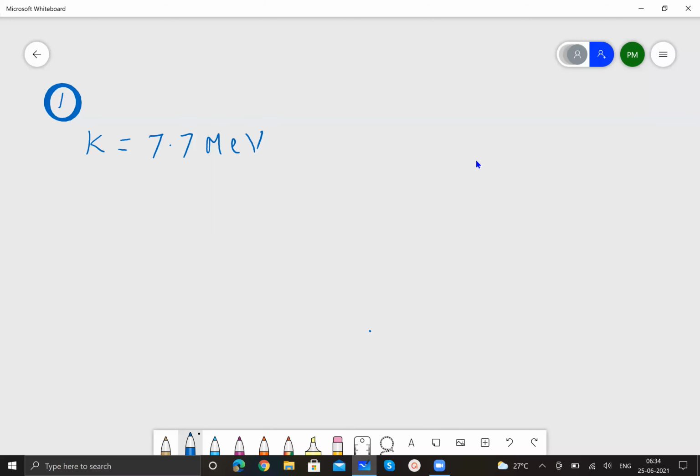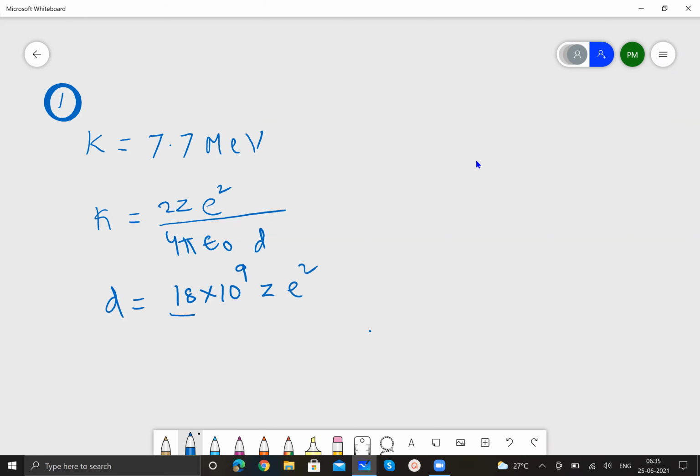How will you do this? We have the equation: kinetic energy is equal to 2Ze square by 4 pi epsilon 0 d. So d is equal to 18 into 10 to the power of 9 ZE square by K. If you substitute the values, it is 18 into 10 to the power of 9.